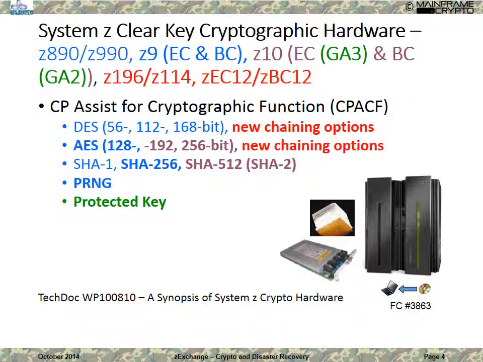The latest example is the new chaining functions that were implemented on the Z196. If you remember back when we talked about the hardware, we talked about this capability. The chaining provides cipher block chaining, which provides better security for your crypto data. If you remember, we had a picture of Tux the penguin that had been encrypted using just routine encryption, and you could still see the shadow of Tux.